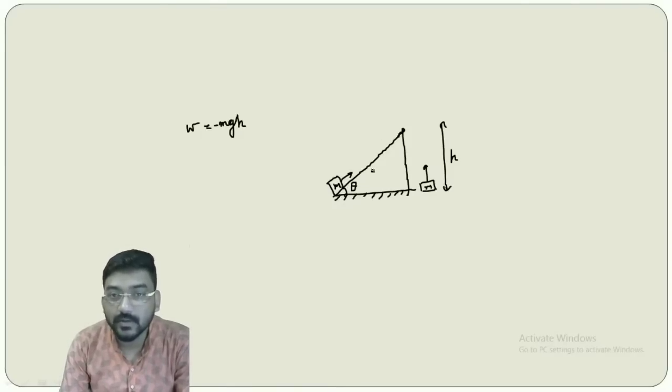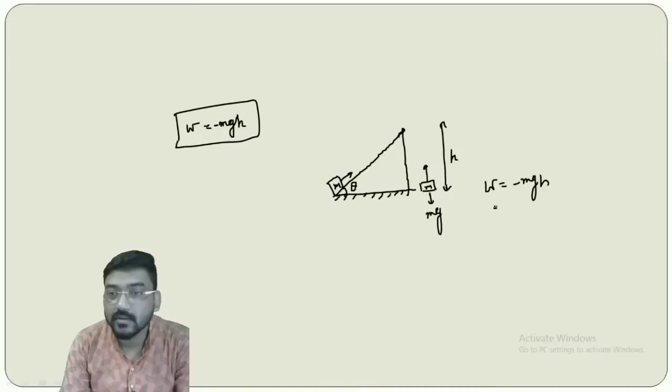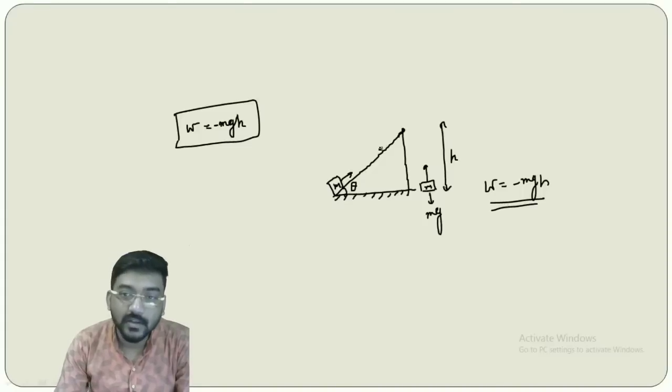This is just a 10+2 level problem. The force is mg and the displacement is h, but force and displacement are in opposite directions, so this is minus mgh, and this will also be minus mgh along this direction. You can easily prove this.